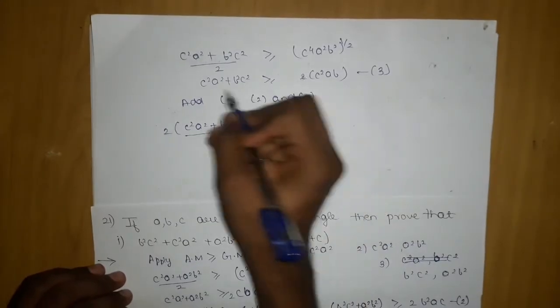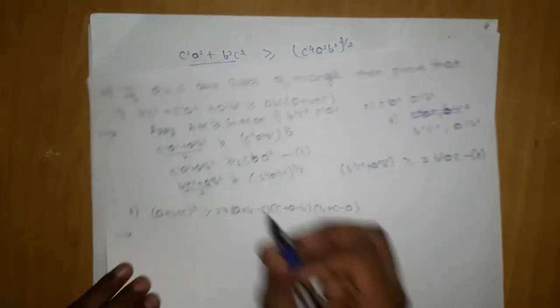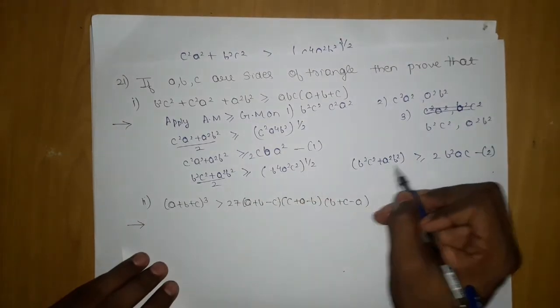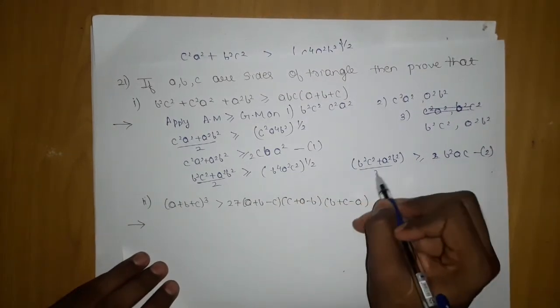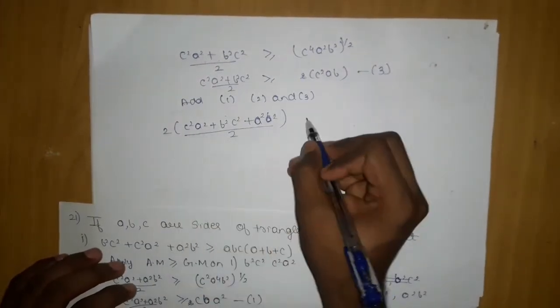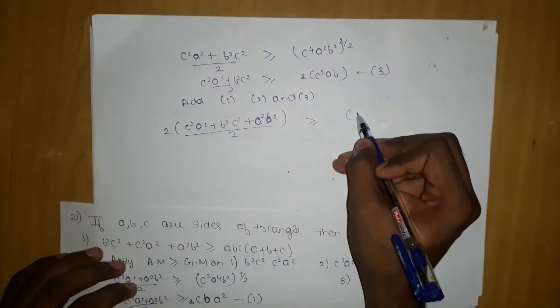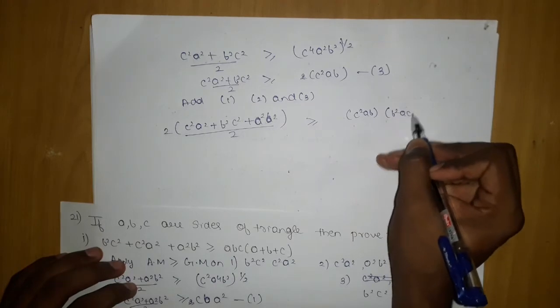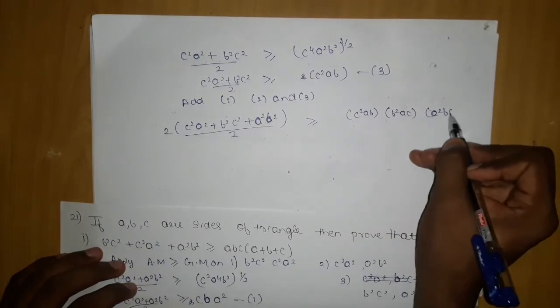We will keep the 2 here only, because we want to create 2 here only, 2 here only, and 2 here only. So all of them have 2 common. The moment we take 2 common, we have c square ab, b square ac, a square bc.